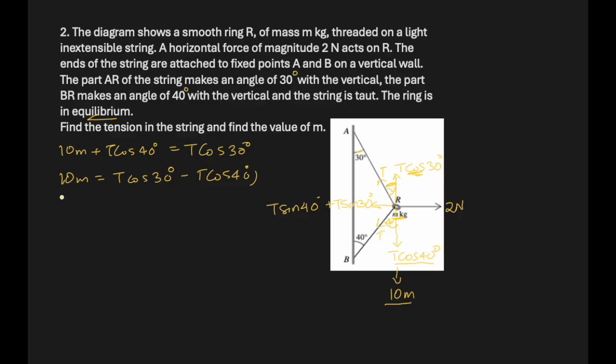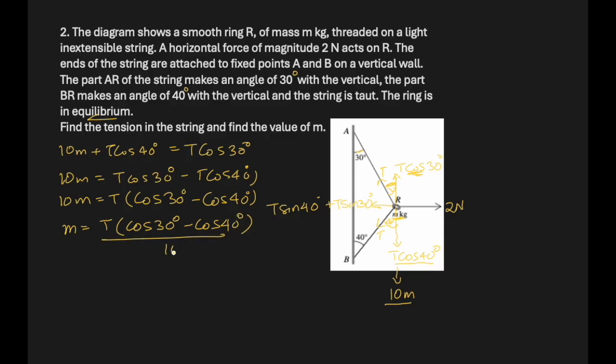Let's take T common here. So 10m equals T times (cos 30 degrees minus cos 40 degrees), and m equals T (cos 30 degrees minus cos 40 degrees) divided by 10. This is our equation number 1.